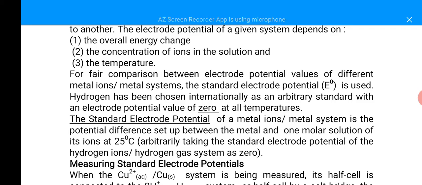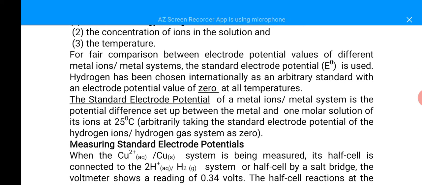If we want to define the standard electric potential, we will define it as follows: the standard electric potential of a metal ion / metal system is the potential difference. What would the potential difference be? That is the work done in moving an electron or a charge between 2 points in a circuit; the work done that is required to move a charge between 2 points in a circuit.